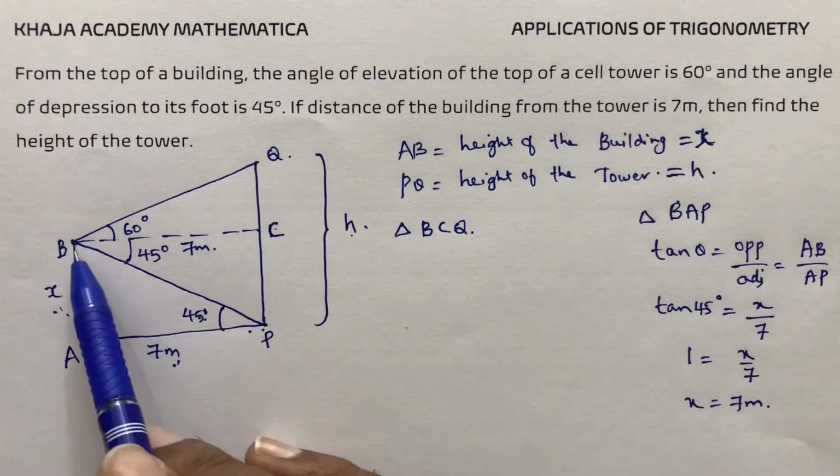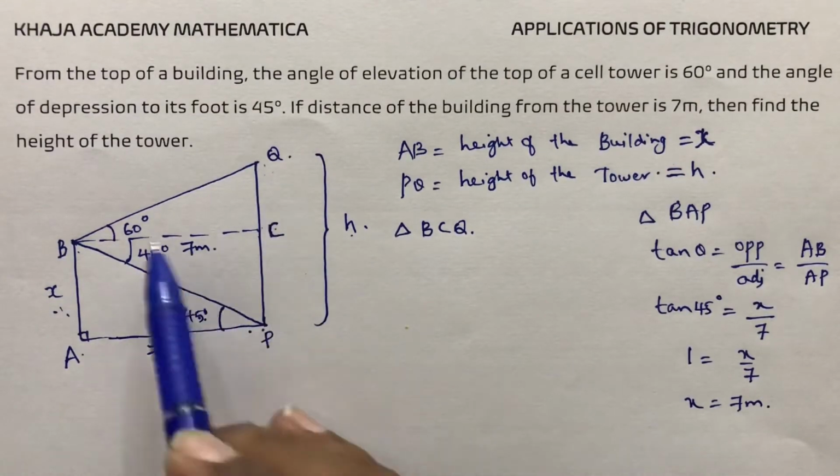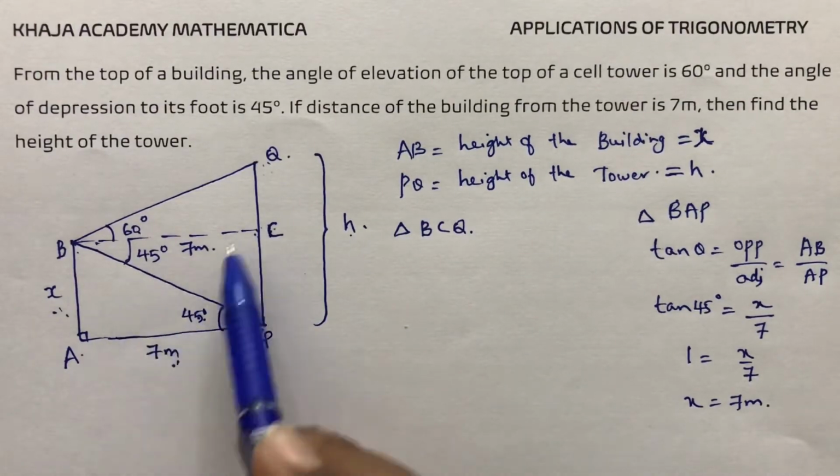Now if you take the triangle BCQ, see here theta is 60, opposite is QC, adjacent is also the same, 7 meters.